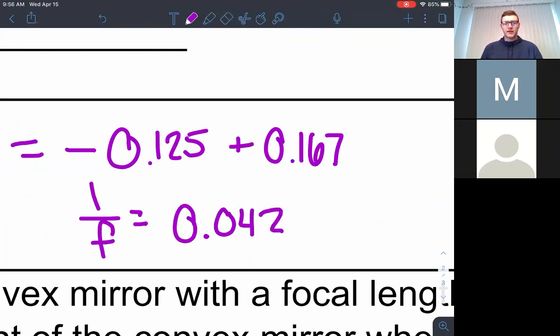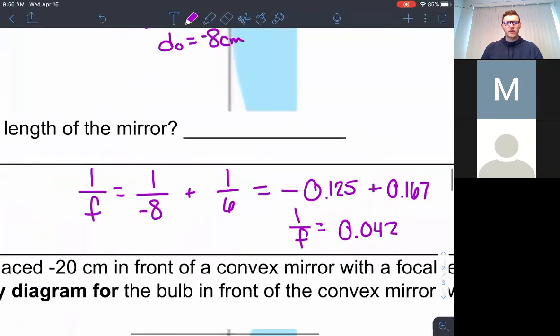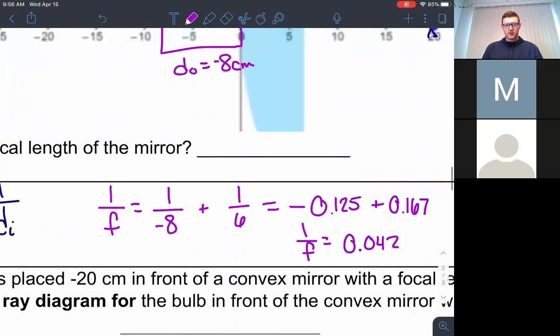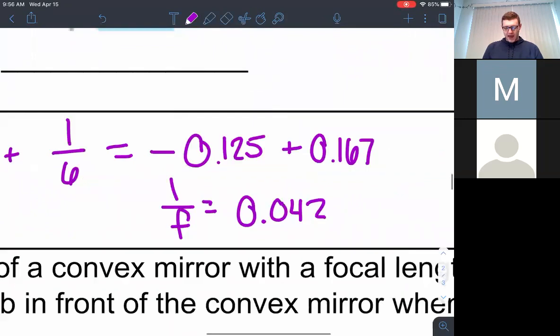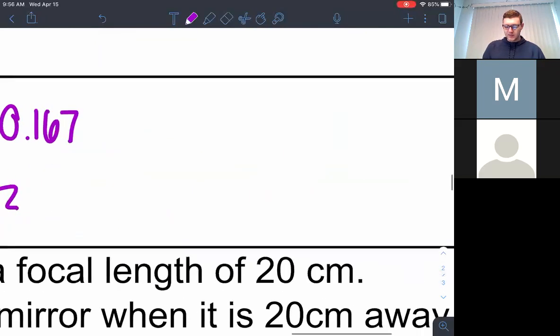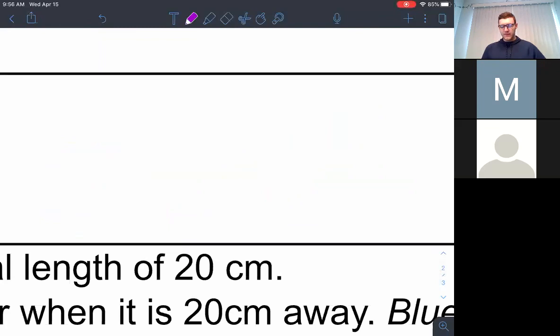Perfect. So we're looking for the focal length of the mirror, correct? Right now what we have here is 1 divided by that focal length. To find the focal length, we flip it upside down.